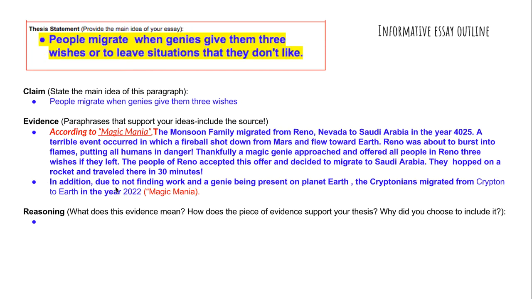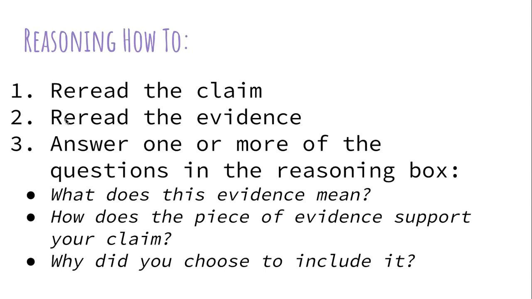Second, in addition, due to not finding work and a genie being present on planet Earth, the Kryptonians migrated from Krypton to Earth in the year 2022. All right, step 2 is complete. I reread the evidence. Now step 3 is I'm really just going to answer 1 or more of the questions.